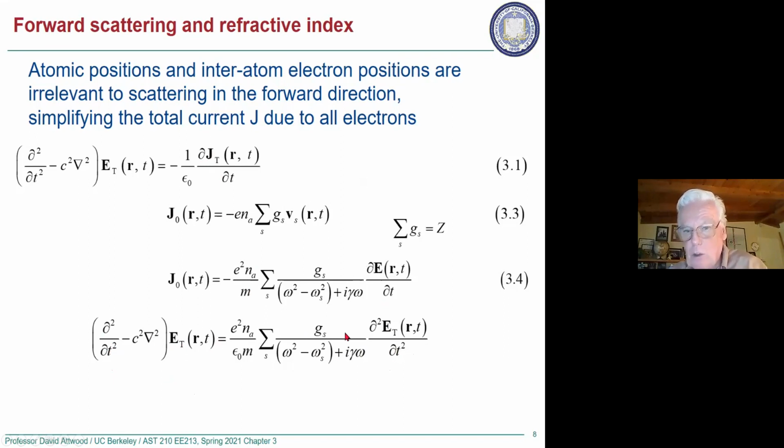And then it has this source term for all the sources that are there. So this is what's different from vacuum. And it also has a partial with respect to E with respect to time squared. So this term and this term, this operator term on this, they can be combined.